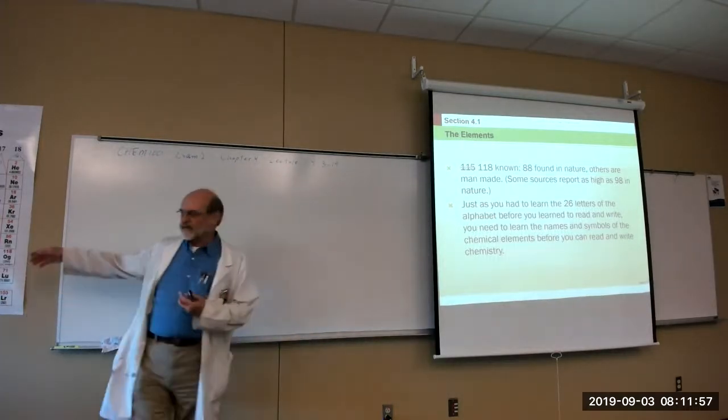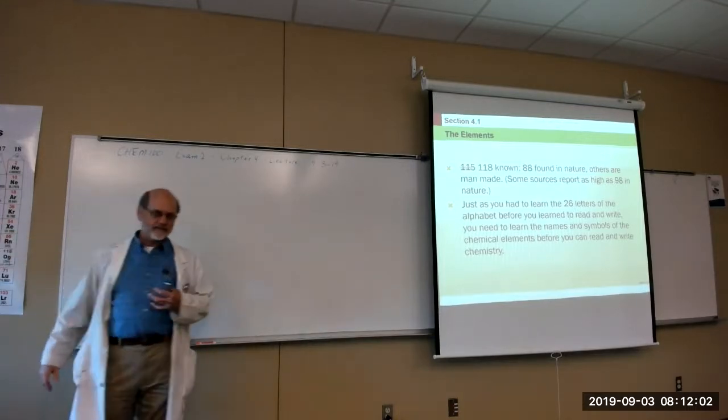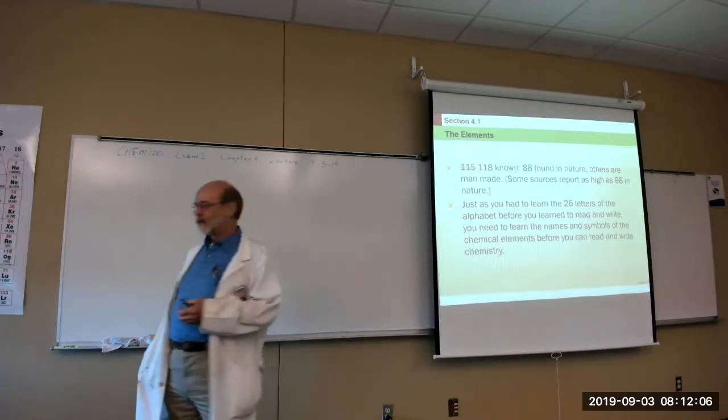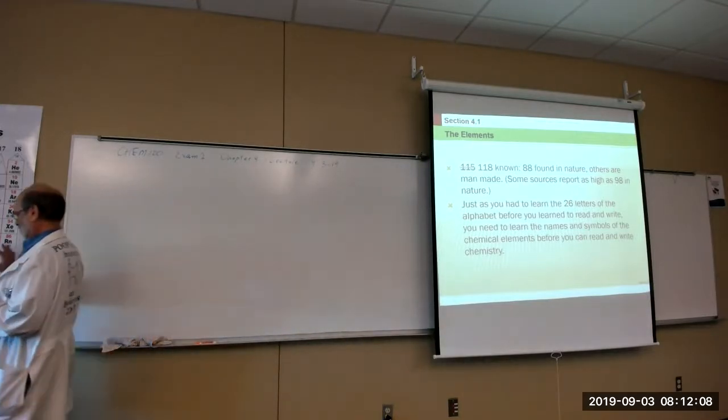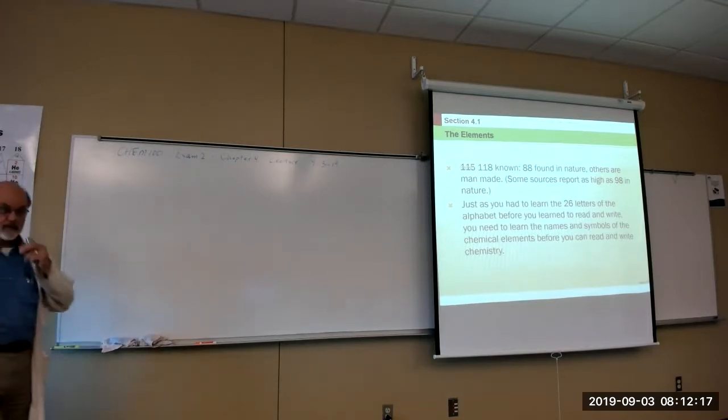So this is what you might think of as the alphabet. And I've given you maybe half of them to memorize. You don't have to memorize all these guys down here, except for uranium and plutonium, because they're so important historically speaking.